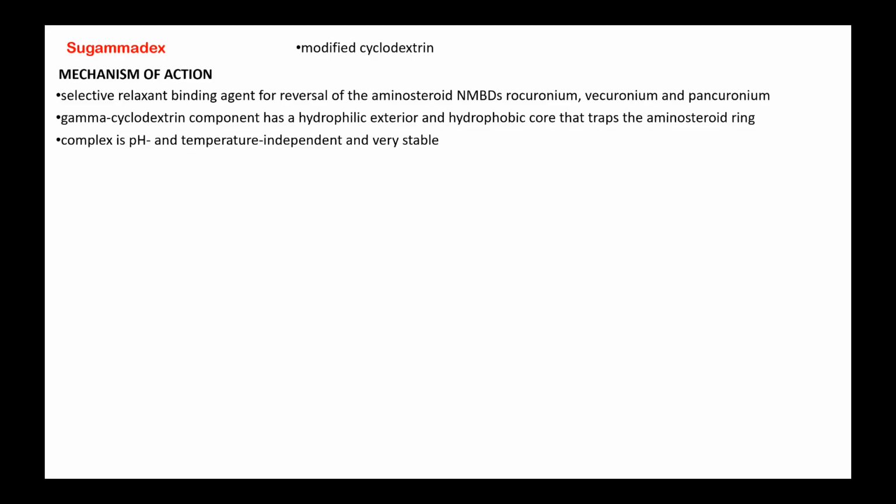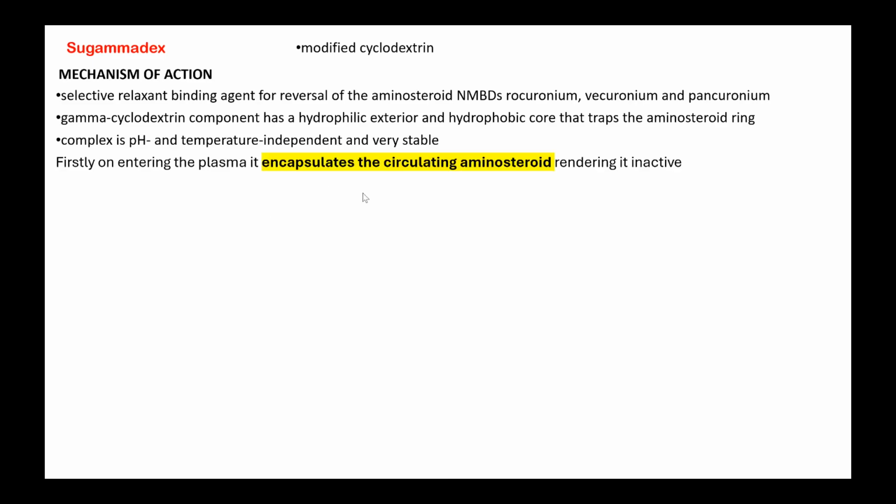So the mechanism is first to capture all the unused drug circulating in the plasma, create a gradient between the drug molecules that are attached to the neuromuscular junction, and then draw them out, and then trap them also and eliminate them. That is the mechanism by which it acts.